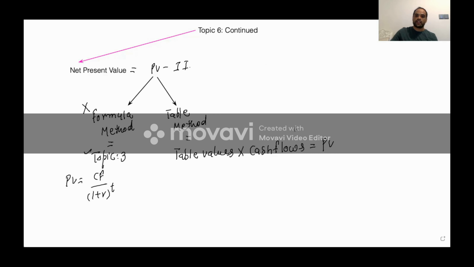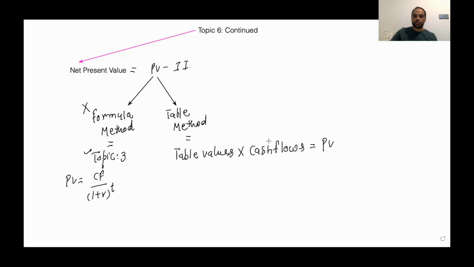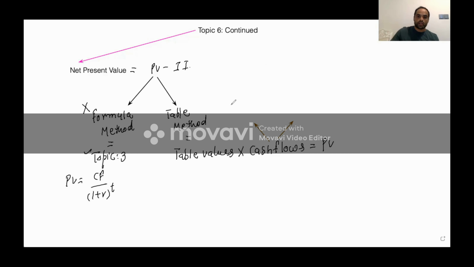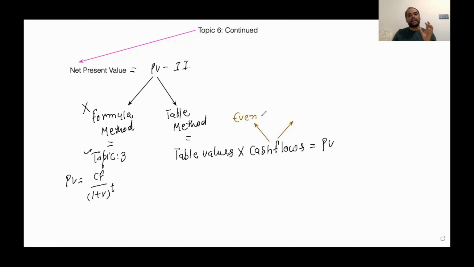Now, cash flows are divided into two types, and these two types of cash flows mean two different tables. If your cash flows are uniform, meaning even cash flows, the same cash flow every year. Let's say first year 5,000 cash flow, second year 5,000, third year 5,000, fourth year 5,000, and so on.